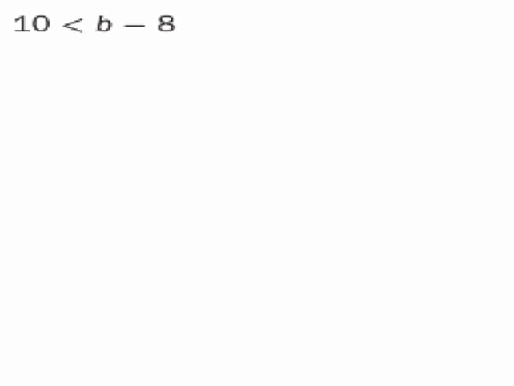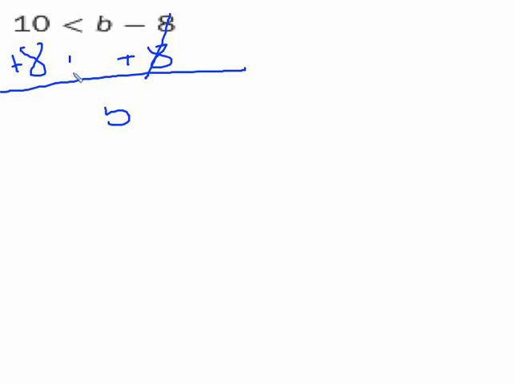I want to isolate my variable b, and to undo what's being done to it, I'm going to add 8 to each side using the addition property of inequality. That will zero out the 8's, leaving me just b on this side. Drop down my sign, so I'll have b is greater than 18.